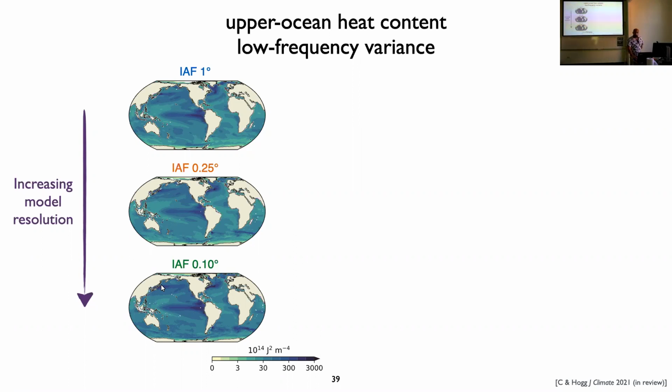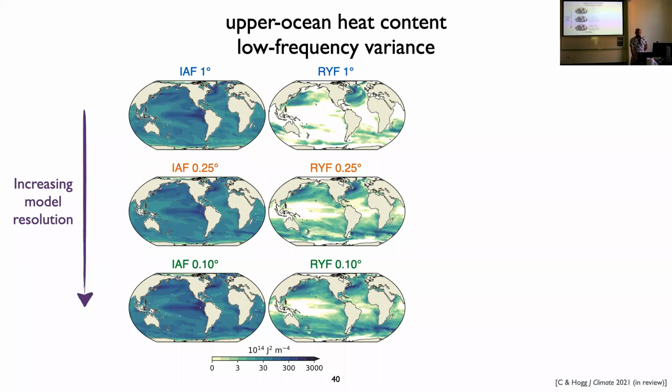Now we do the same with the boring weather experiments, where we have the same forcing year after year, and we find the following. First, there's nothing happening at the tropics, no variance at the tropics whatsoever. And in the mid-latitudes, so the North Pacific, North Atlantic, or the Southern Ocean, the higher the resolution is, the more variance we find.